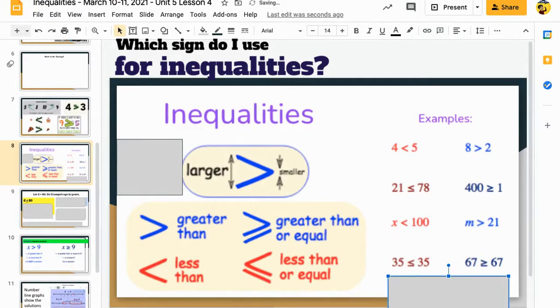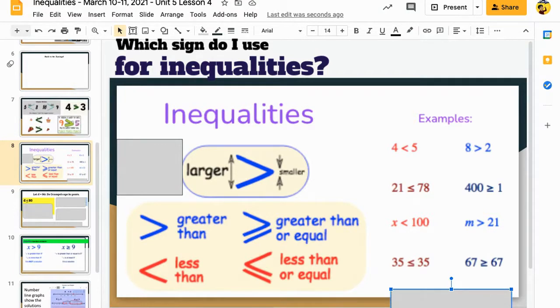Okay? Now we can also use variables together with numbers. Now let's look at this example right here. The way we read this is 35 is less than 35, or 35 is equal to 35. We know this is true because 35 is equal to 35.